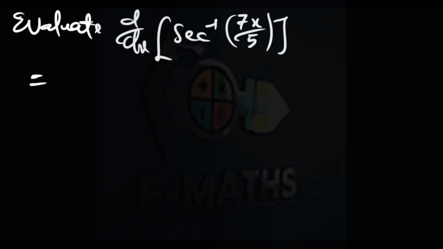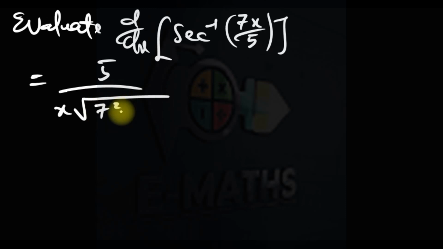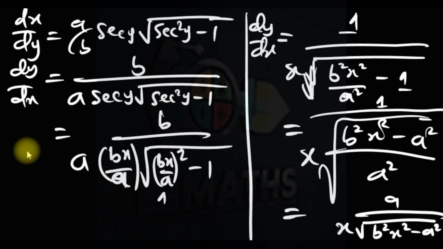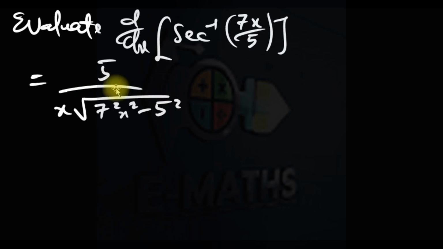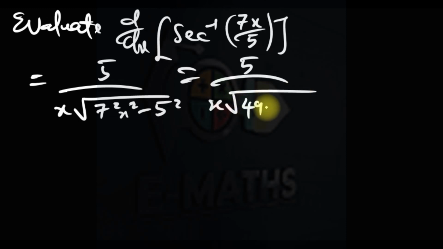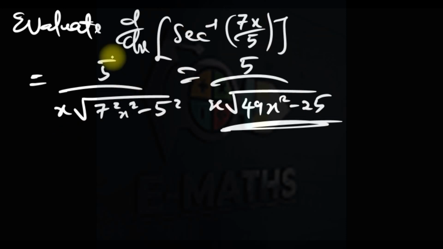So I have 5 over x square root of 7 squared x squared minus 5 squared. So that's it, which is 5 over x square root of 49x squared minus 25. So once you know the formula, that's the formula you just derived, it is very easy.